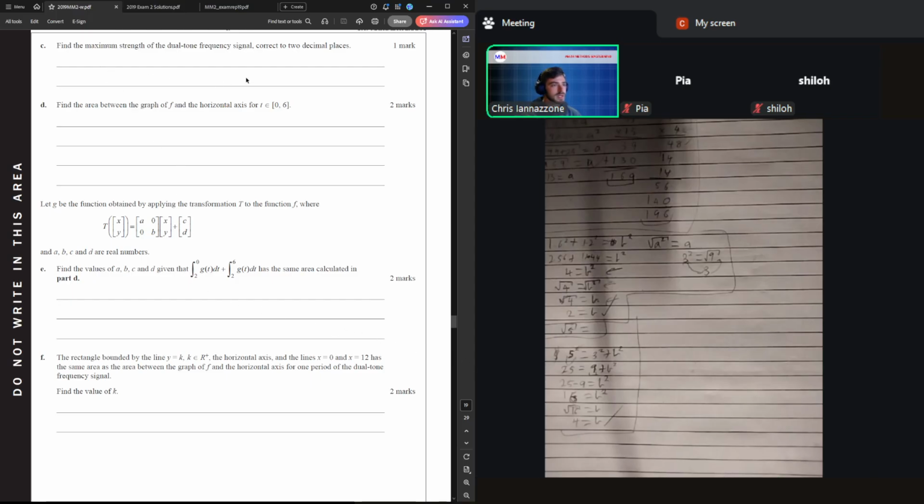In other words, it's asking you to find the maximum y value of the function.